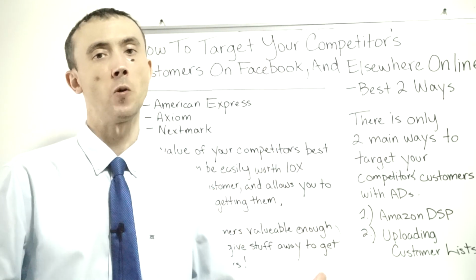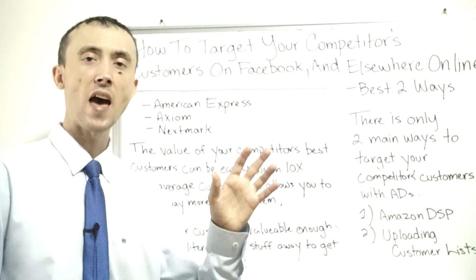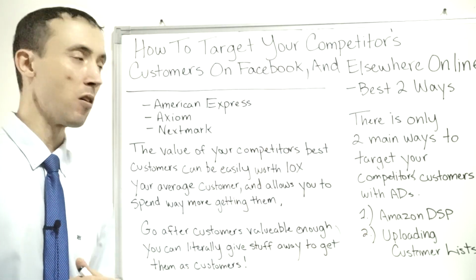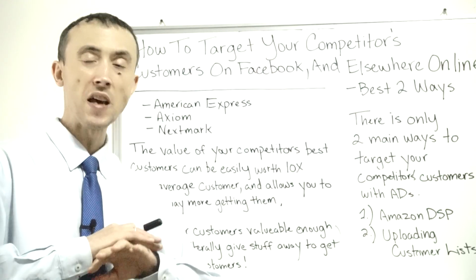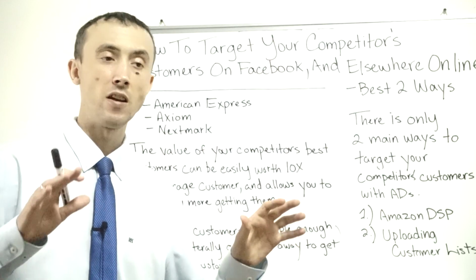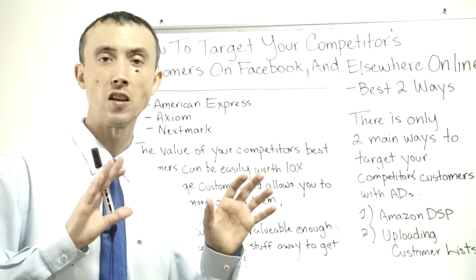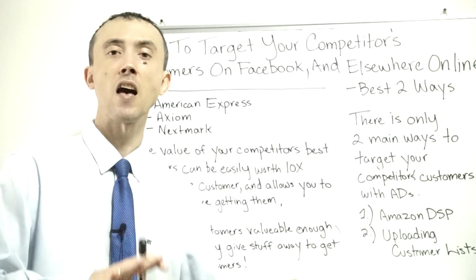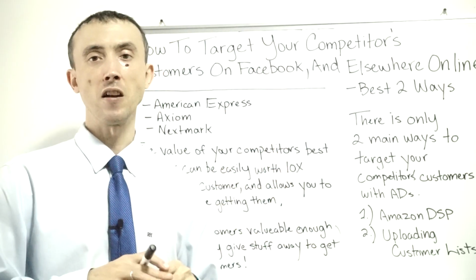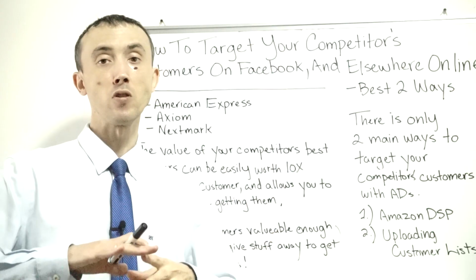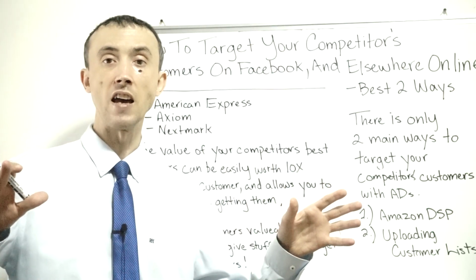So I just want to put that in your mind before I go further into this video. The most profitable thing you can do in online marketing is targeting your competitors' customers, particularly their highest value customers, and simply poaching them away. You should be thinking about doing that before you think about doing anything else online.